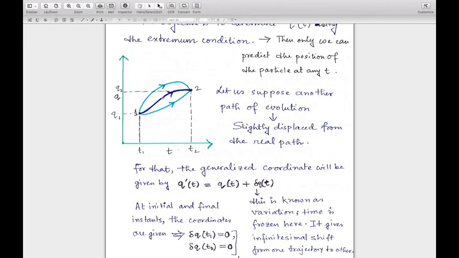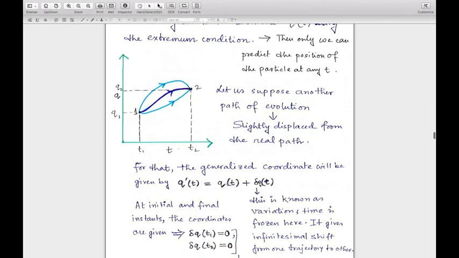As you know from our previous discussion, this curve can be written not only as a function of t but as a function of t and a smallness parameter which we called alpha, right? Here I am not going into that detail.